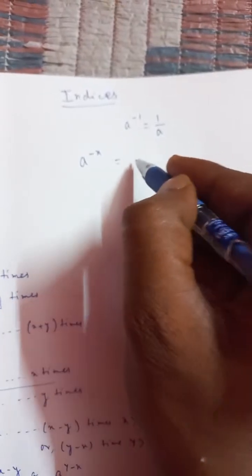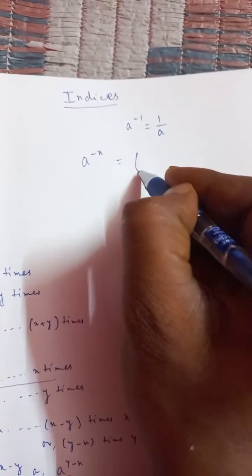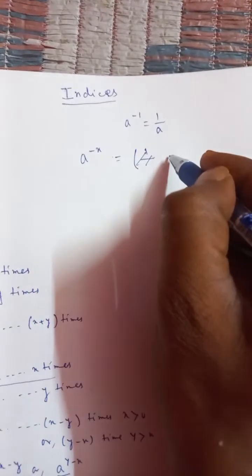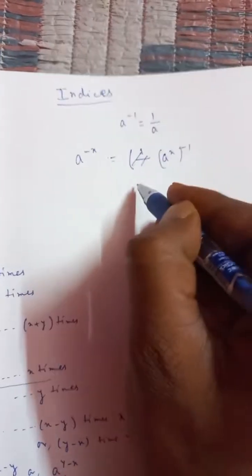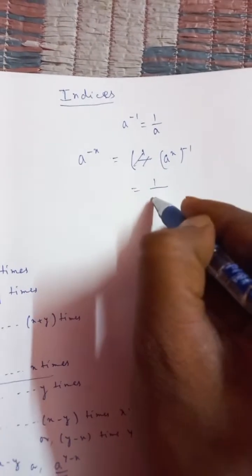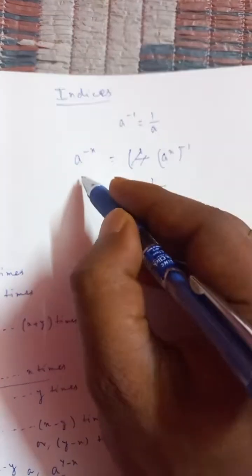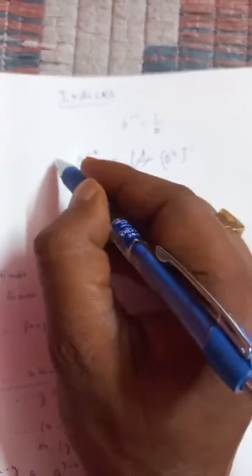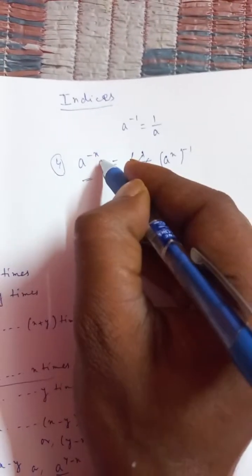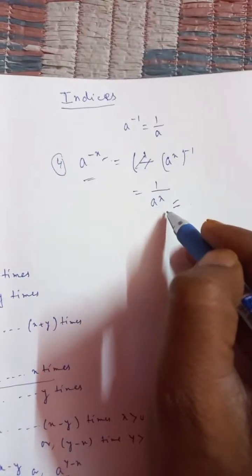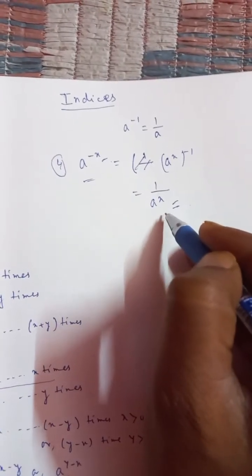So you can write this as 1 by a to the power x, or a to the power x to the power minus 1. So this will be 1 by a to the power x. So in this way, if the power is negative, then we can write 1 by a to the power x in this form.